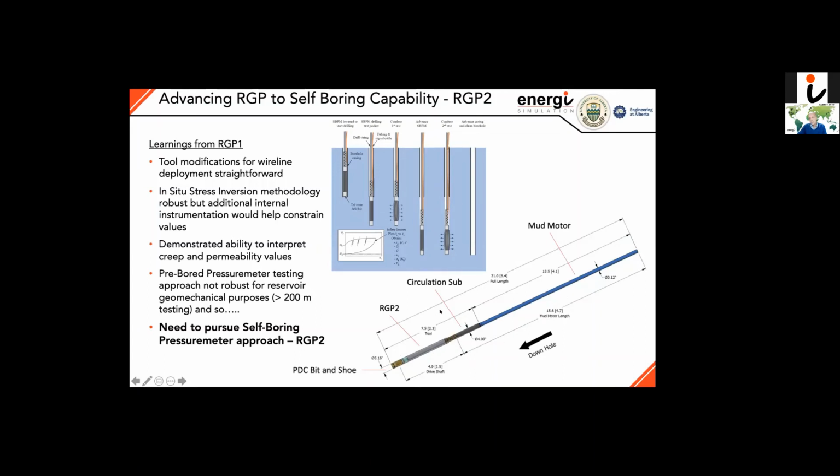We built this ourselves, again with help from Cam in situ, but it has a bit, the assembly of the tool, a circulation sub, and a downhole mud motor. This is a pretty powerful thing, because now in one location you can make a test, drill ahead, and run a second test, which is typically a very expensive time and labor option, as it was for RGP1.